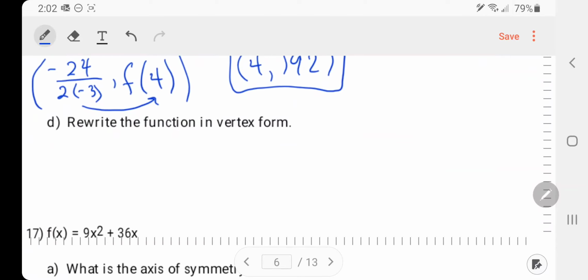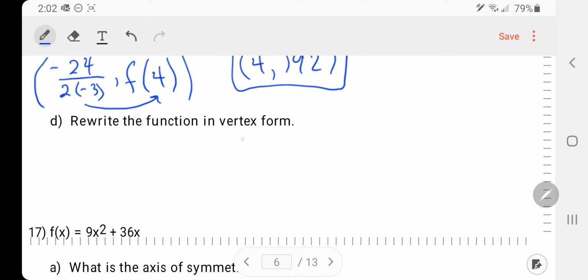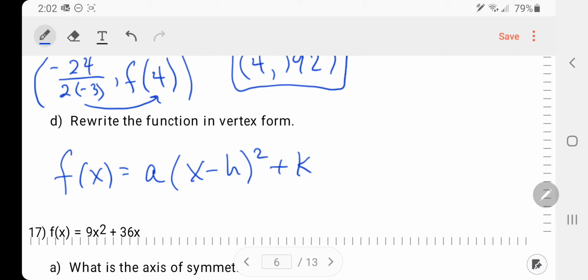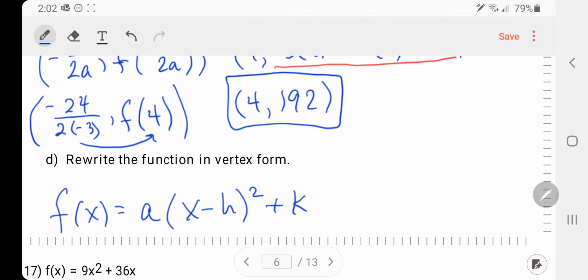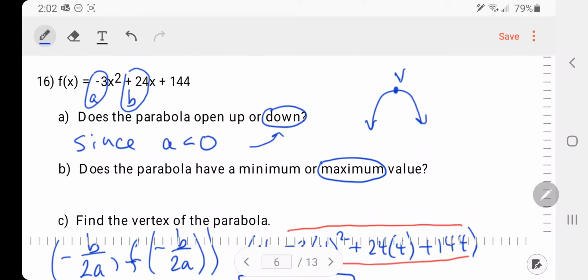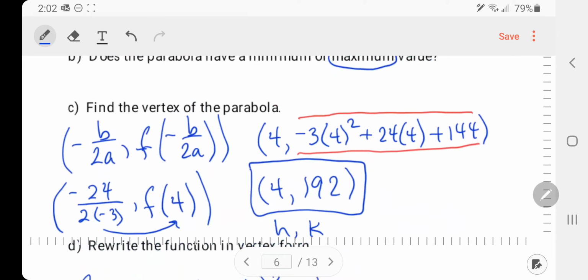And then rewrite the function in vertex form. Oh, and it says function, so that's going to be f of x equals. What does vertex form look like? Well, vertex form is a times (x minus h) squared plus k. That is vertex form, where h and k are the vertex. a is what it was from the beginning. a was -3.